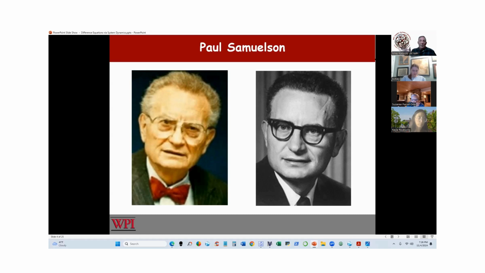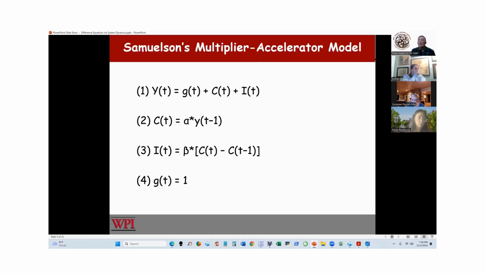Samuelson has passed away now, but when he was living, everybody studied Samuelson's economics or another book that patterned itself after it. McGraw-Hill had to give him stock in the company because he was earning so many royalties from the book. So Samuelson, super famous economist, and one thing he's super famous for is this paper where he presented this model.